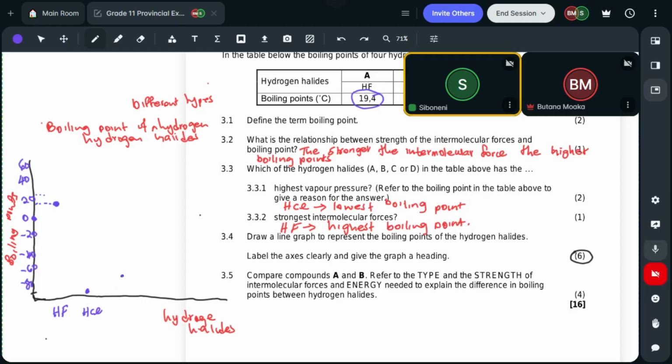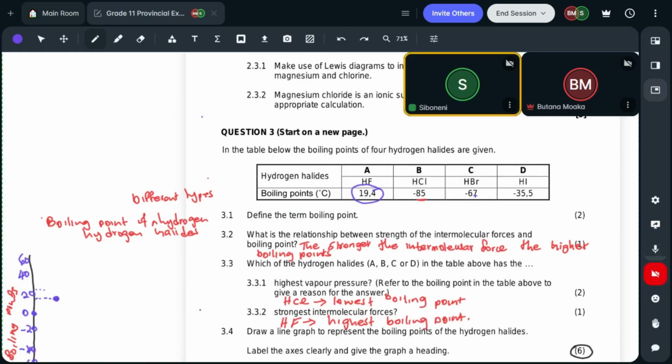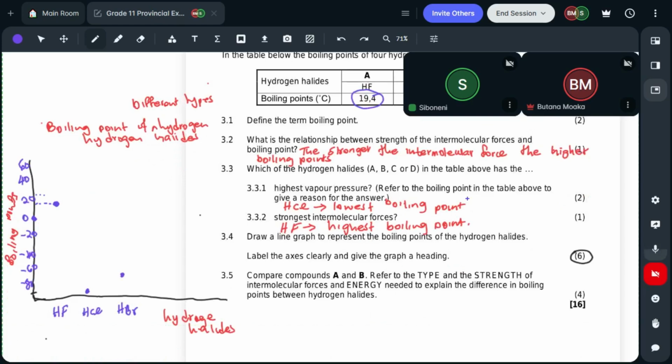I think you understand what is going on, right? HBr. Are you good on your side? Are you still with me? Yes. Okay. And then we're gonna have the last one, which is HI, minus 35.5. It should be somewhere before 40.